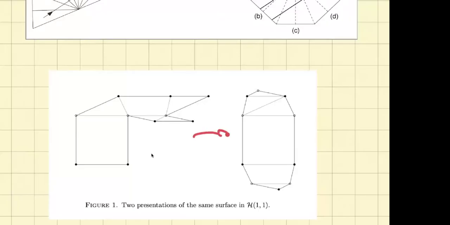Now, why are these two polygons the same? You can get from one to the other by chopping up this polygon into little triangular pieces, which are indicated in the diagram. You cut along these additional lines, and you translate each piece by a different amount. So this piece is translated here, this piece is translated here, etc. And you form the shape on the right. What's important in these attaching maps is that they have to respect the parallel edges.